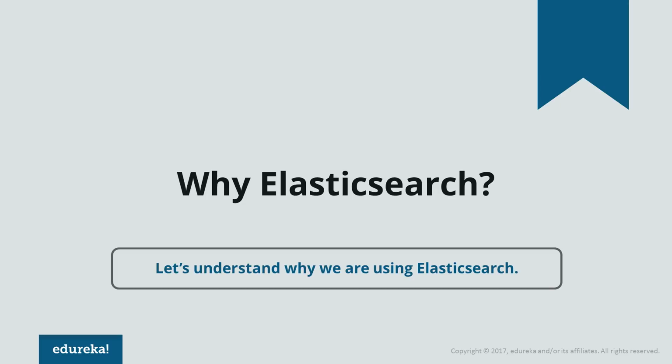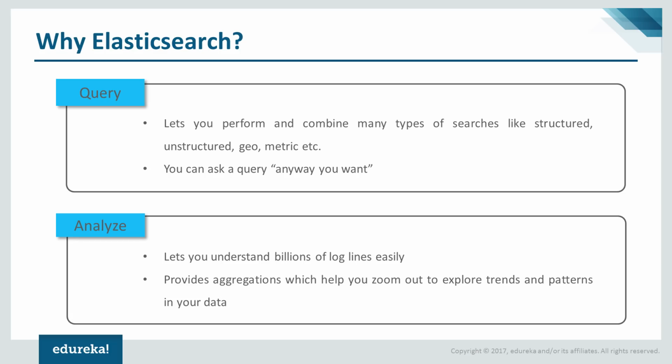So let's understand why Elasticsearch. First of all, the benefit of having Elasticsearch is in terms of query. In terms of query, it lets you perform and combine many different types of searches, like structured as well as unstructured searches. It also helps in working with data based on geography and on metrics. So irrespective of what type of data you have, whether it is structured, unstructured, geo-based, or metric-based, Elasticsearch supports all of that.